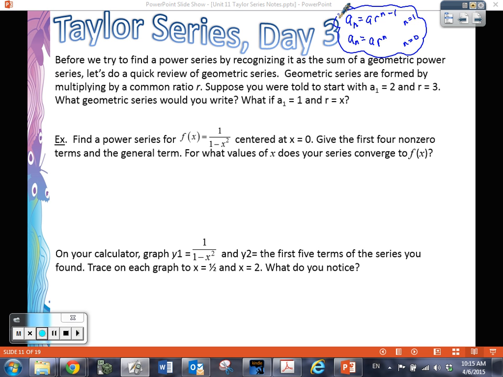If we wanted to write a geometric series starting with a of 2, if we just wanted to write it out, remember r is our ratio and it's basically our multiplier. We just multiply by it over and over again. So it would be 2 plus 6 plus 18 plus 54 plus dot dot dot plus, and our formula would be 2 times 3 to the n.